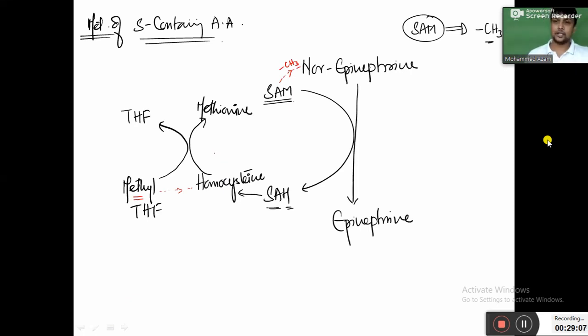Now you people already know the method to make the name of the enzyme. चलिए सर एंजाइम का नाम बनाइए. We are actually transferring methyl group. So therefore, what is the name of the enzyme? Methyl transferase, and along with that, the name of the substrate, homocysteine.